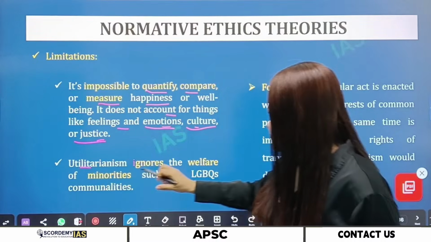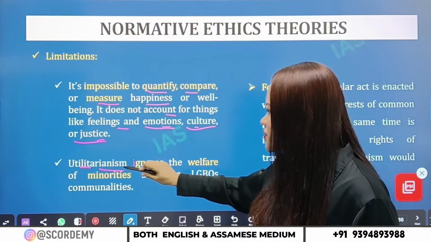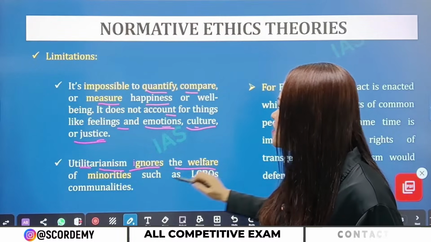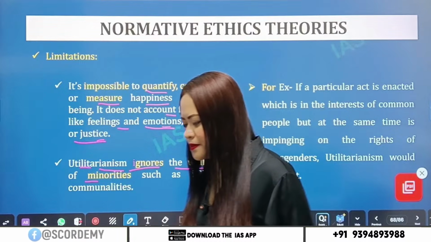Then, utilitarianism ignores the welfare of minorities such as LGBTQ plus communities.